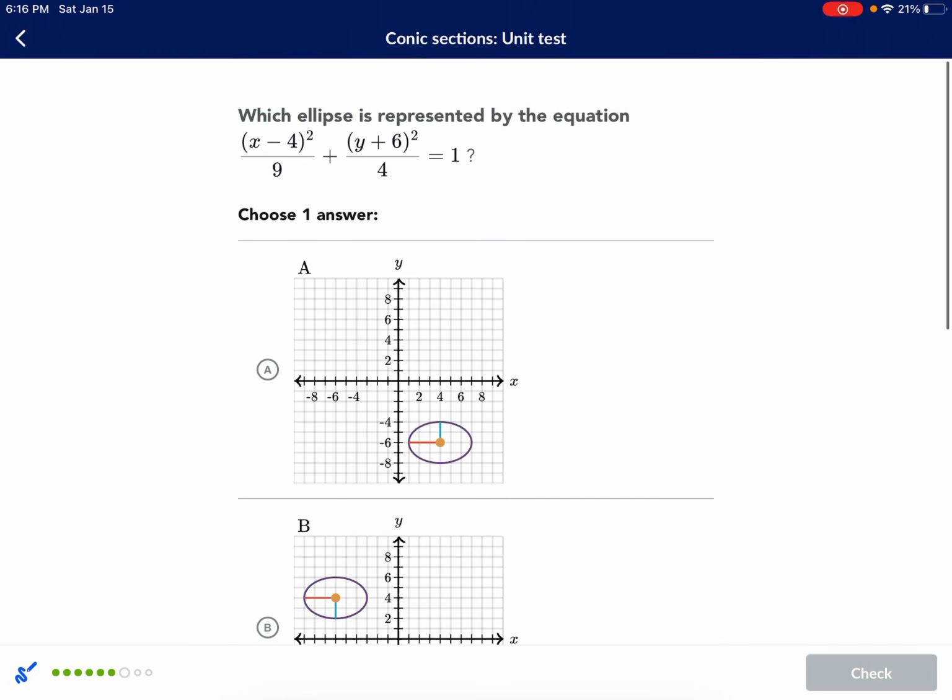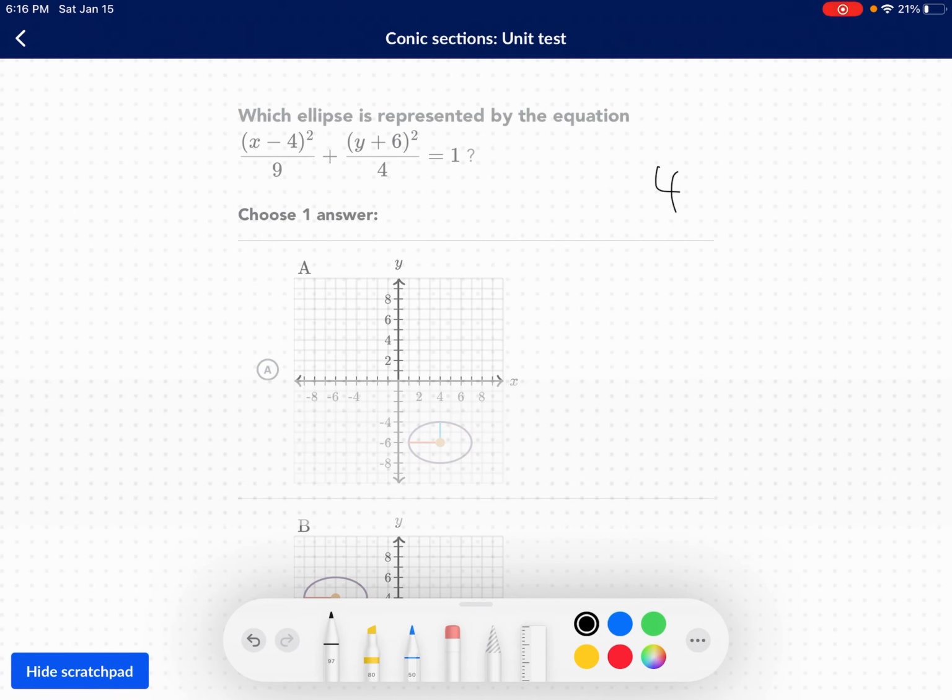Which ellipse is represented by this? The center is at 4, negative 6. How do I know that? From the numerators here, when you set them to 0, you get 4, negative 6. The magnitude of the horizontal axis, the semi-minor radius, is 3, and the semi-major, the vertical one, is 2.